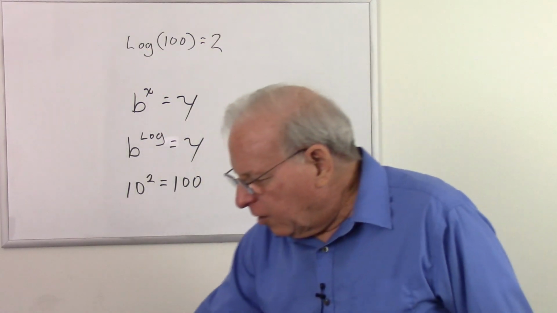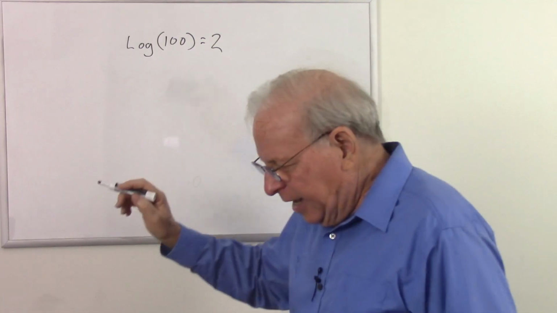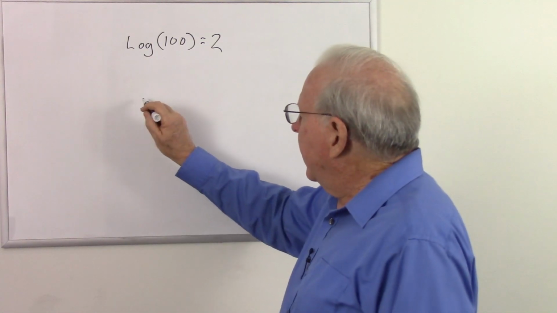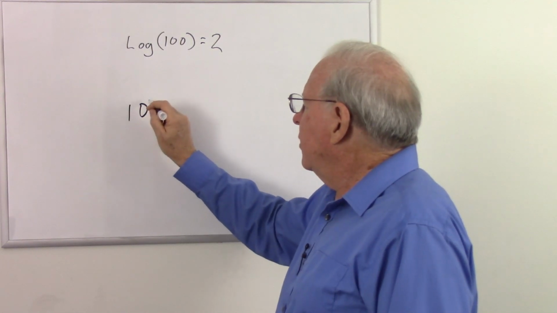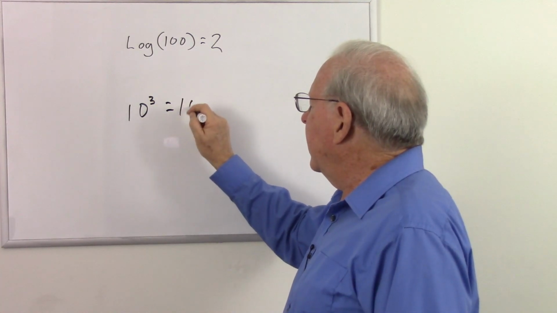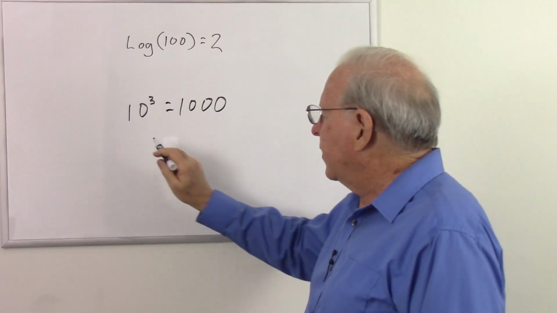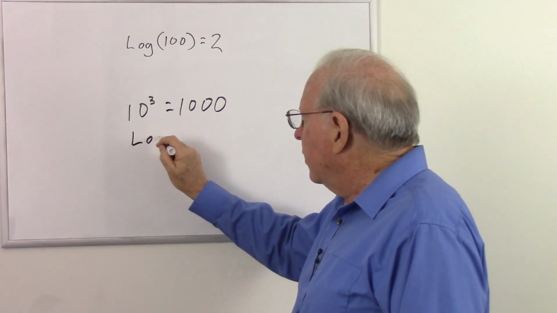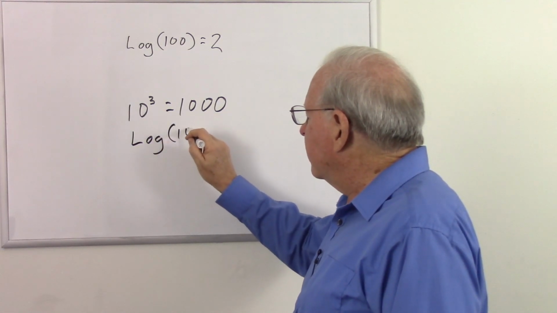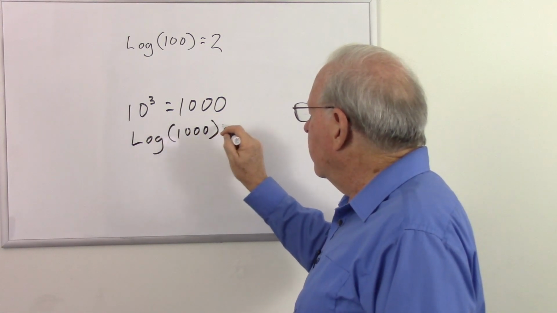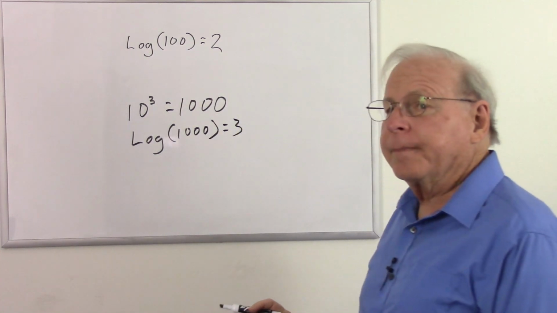But basically, we can go back to our powers of 10 and look at what we have there. So 10 to the third equals 1,000. We've already established that. 10 times 10 times 10 equals 1,000. Therefore, the logarithm of 1,000 equals 3.